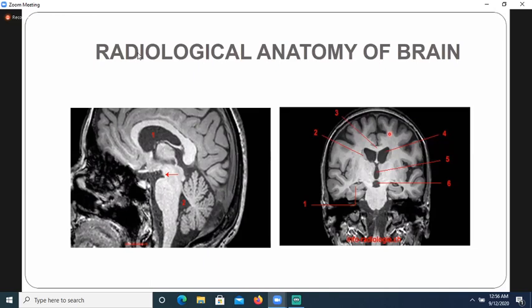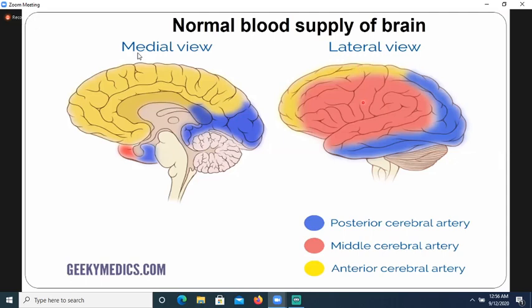The normal blood supply of the brain comes from the anterior and posterior circulation. The anterior circulation is from the internal carotid artery with its branches, anterior cerebral artery and the middle cerebral artery. The posterior circulation is from the vertebrobasilar artery, meaning two vertebral arteries join to form the basilar artery, and then they divide into the posterior cerebral arteries. Roughly, the anterior cerebral artery supplies most of the medial part of the brain and some thin strip of the lateral aspect.